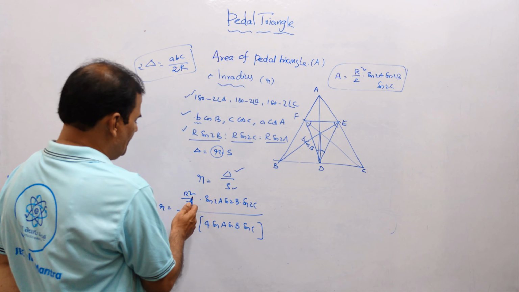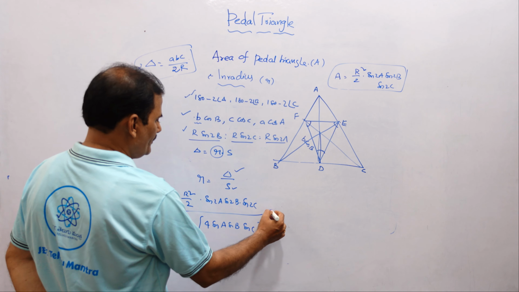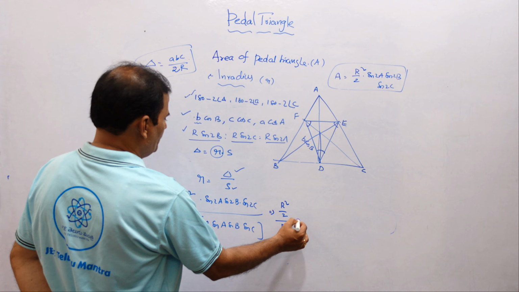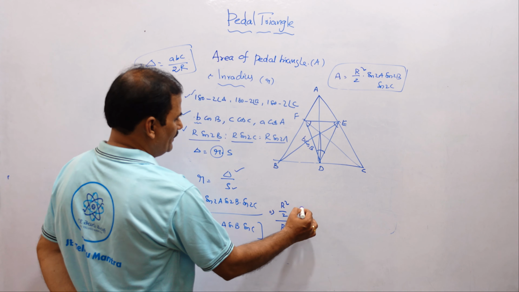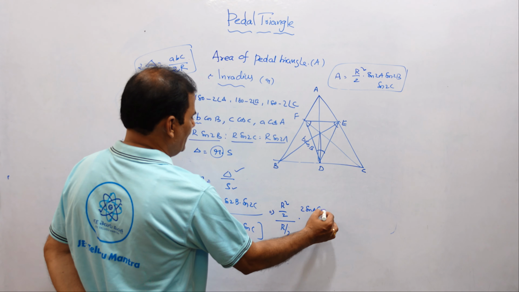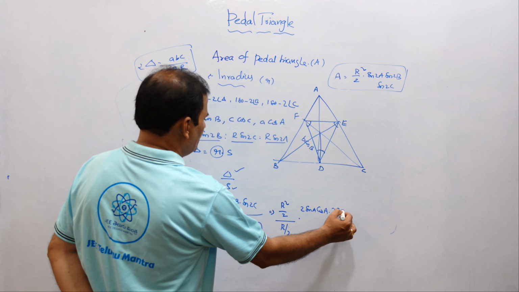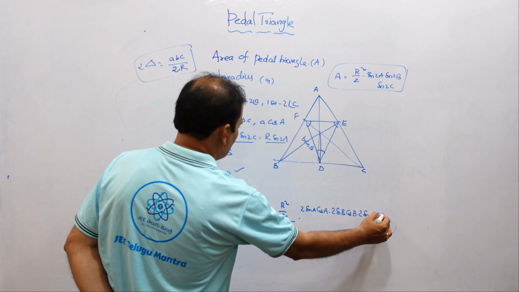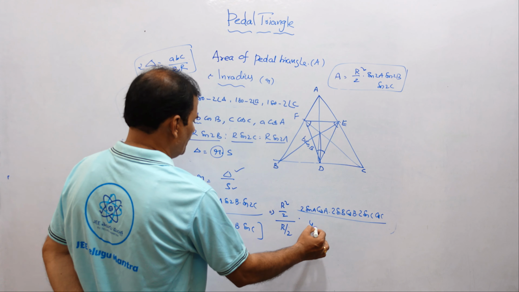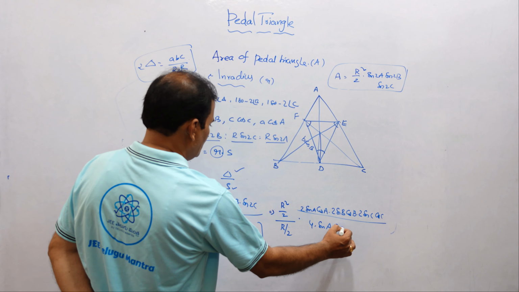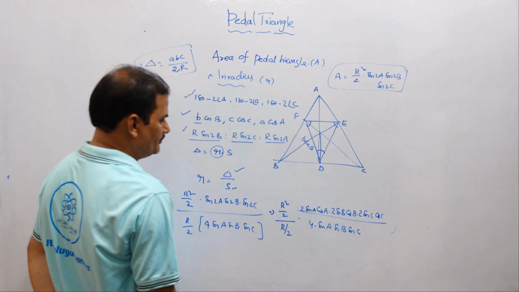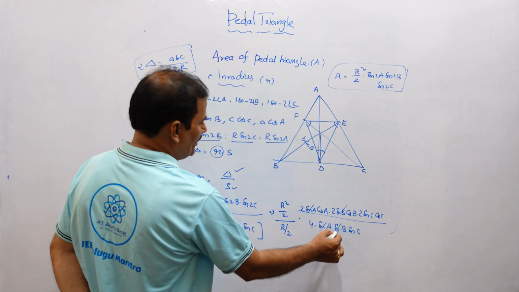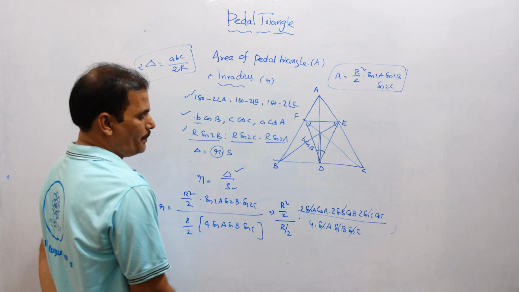Just R square by 2 by R by 2, into 2 sin A cos A, 2 sin B cos B, 2 sin C cos C, by 4 sin A, sin B, sin C. See here, sin A cancels, sin B cancels, sin C cancels.